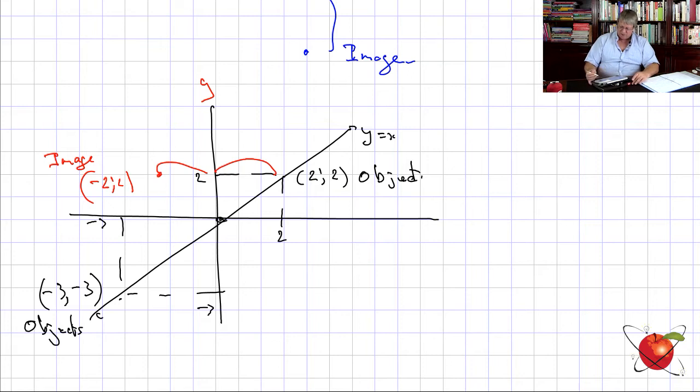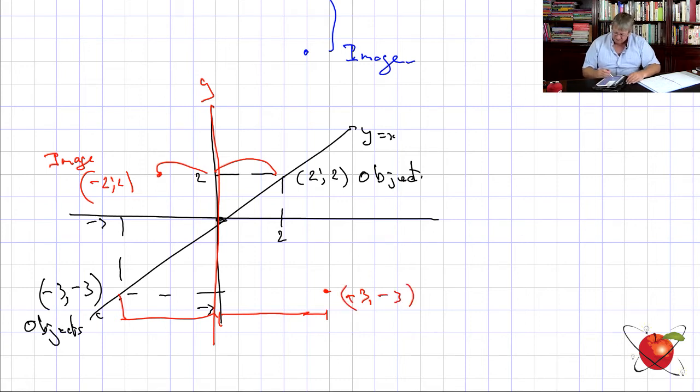Is it -2 and 2? Well, let's have a look at what happens to the -3 and -3. Remember, this is my object here. So where's my image? There's our mirror. It's going to go 3 behind it, so it's going to be at 3 and -3.